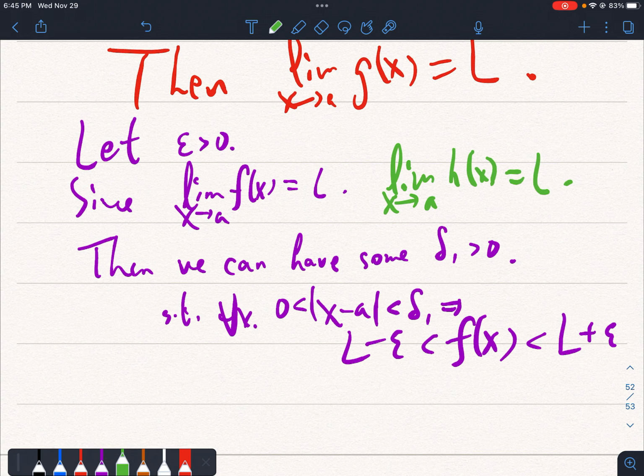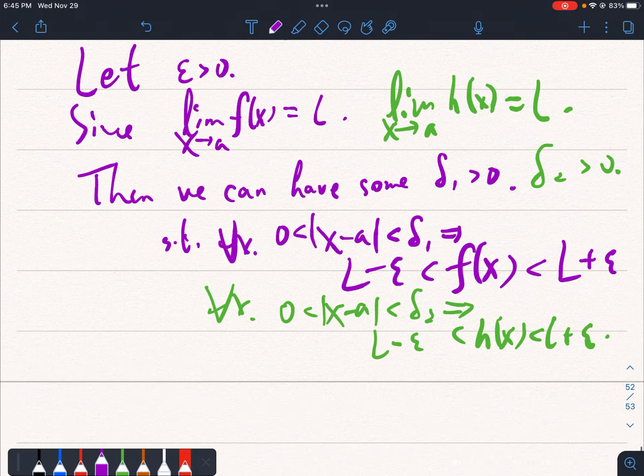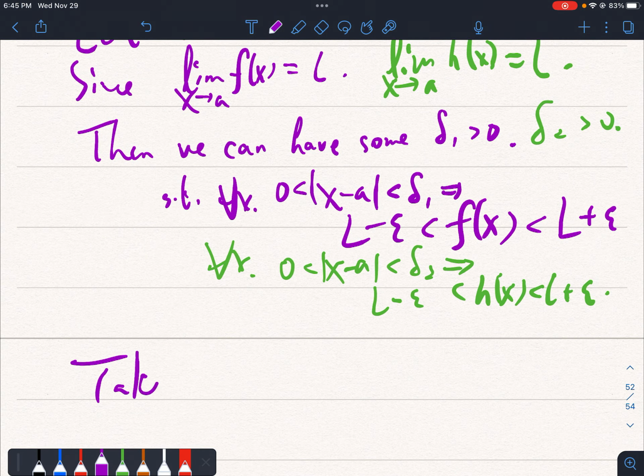And also, because we have the limit as x approaches a of h of x to be L, that means we can also find some delta 2 bigger than 0, such that for all x close enough to a, when this difference is less than delta 2, then we have h of x is bigger than L minus epsilon and less than L plus epsilon.